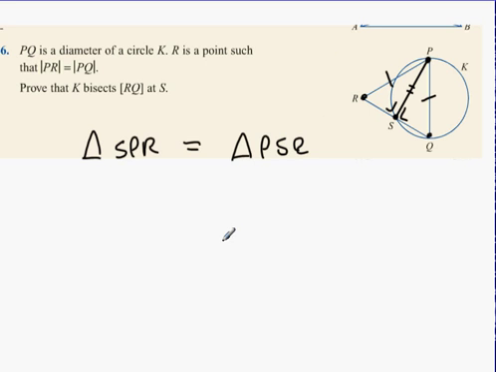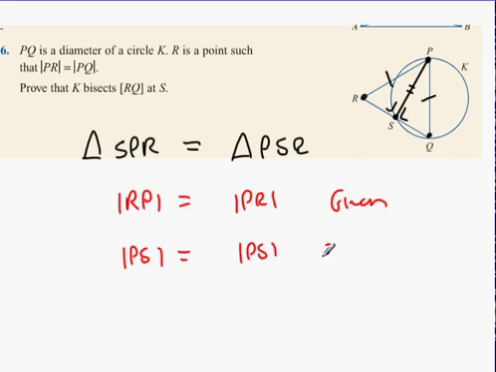So what I'm going to say here is that RP is the same as PQ, given. And then PS equals PS, common.